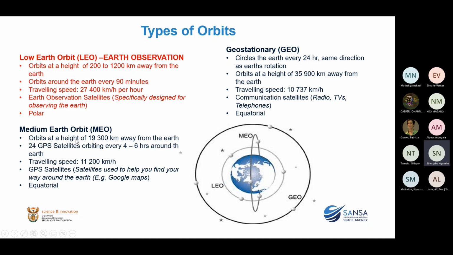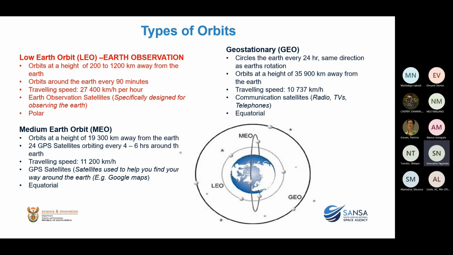Those ones you will find at 19,000 kilometers away from the Earth's surface. These are the ones that you use for GPS or global positioning systems. When you are using Google Maps, for example, you type in the name of an area you want to go to. It tells you how far it will take you to get to that area and which routes to take. You are using a medium Earth orbit satellite.